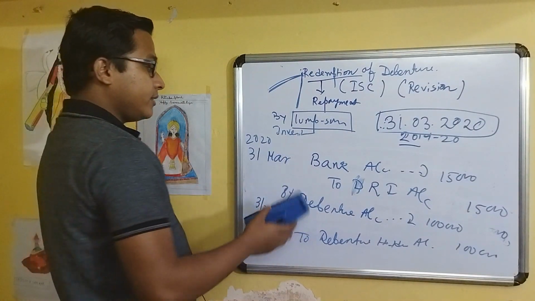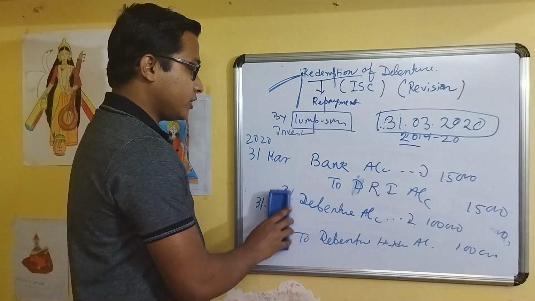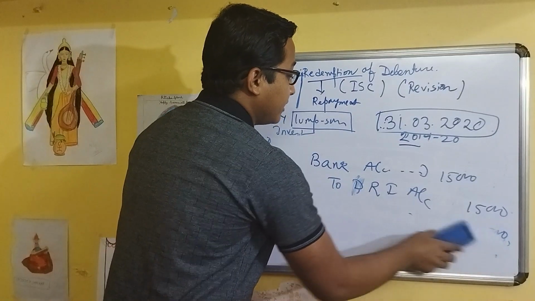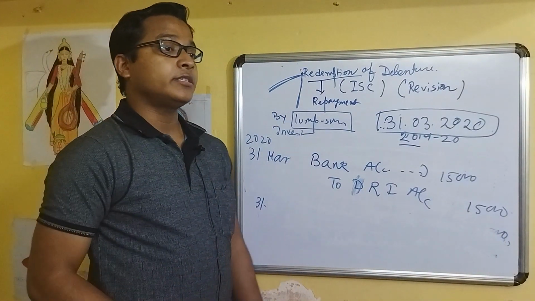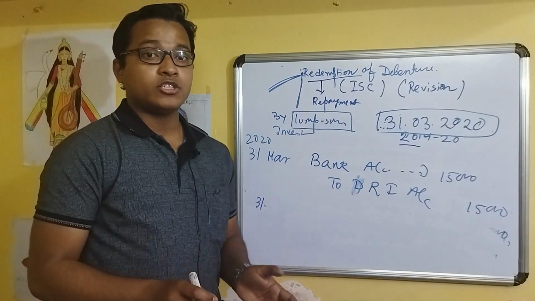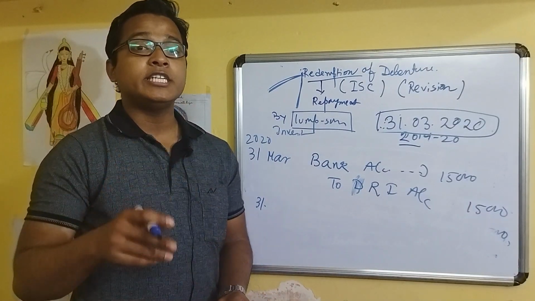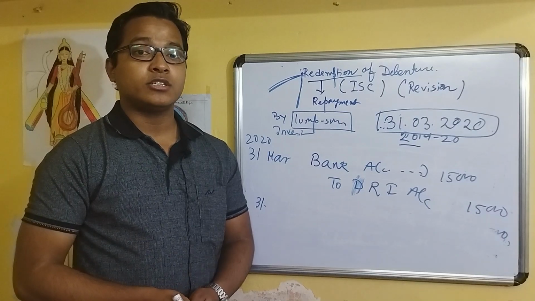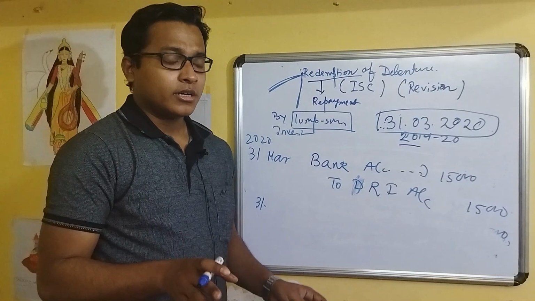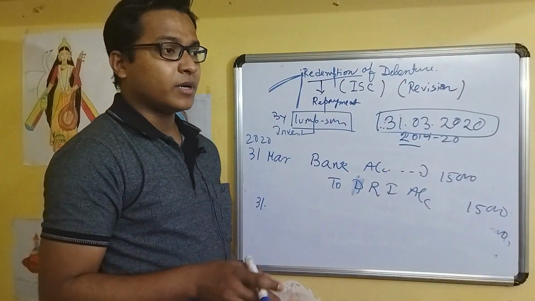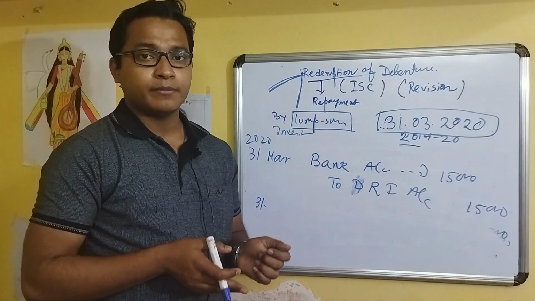Another thing that should be done before the redemption journal entry is transferring 25% of the debentures to the DRR, the debenture redemption reserve. It is now not 25%, it is simply 10%. It is reduced to 10% for all unlisted companies.